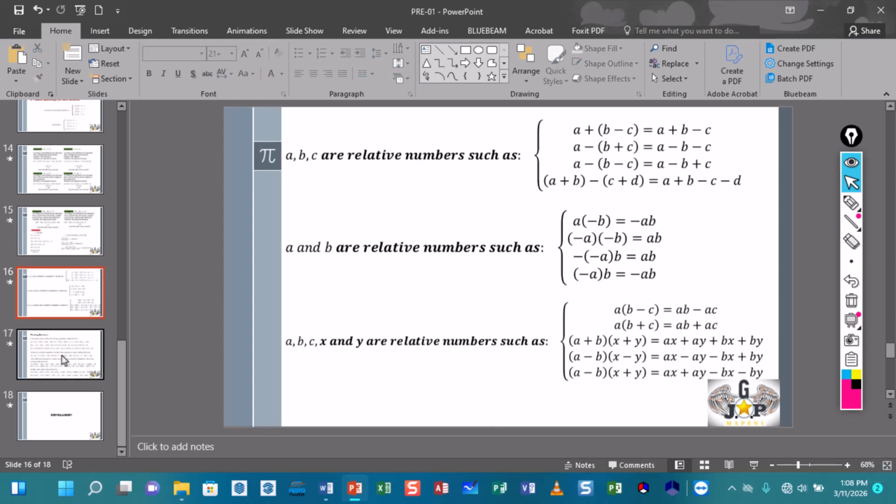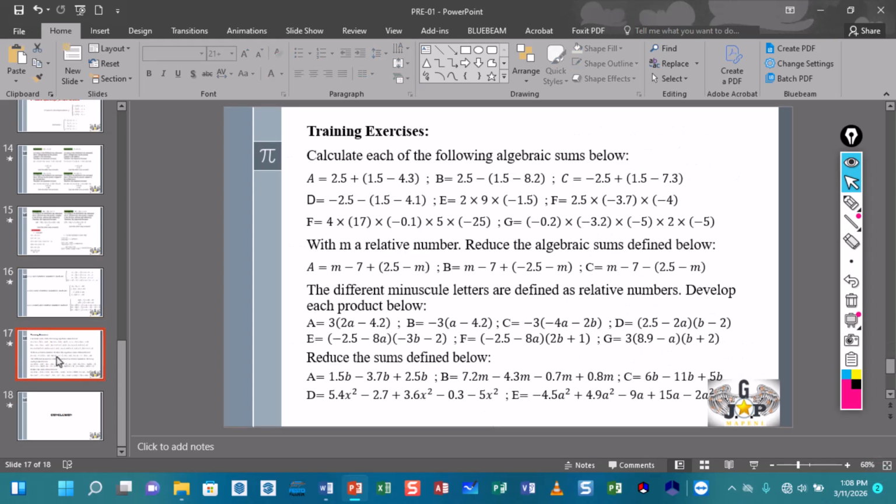So let's keep going. The next slide, the training exercises. What I've given you here is training, and the training exercises will be a little bit up level. All my training exercises are never going to be at the lower level, never, until this channel is closed.